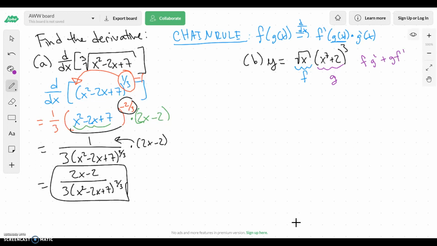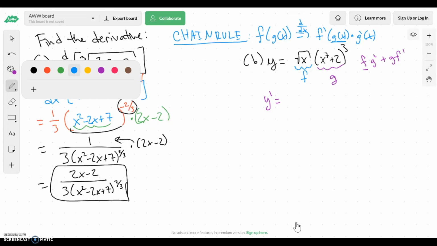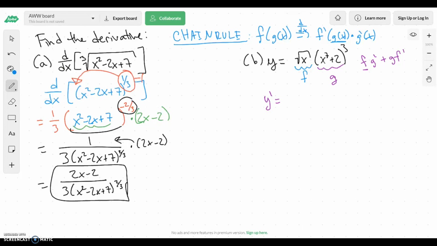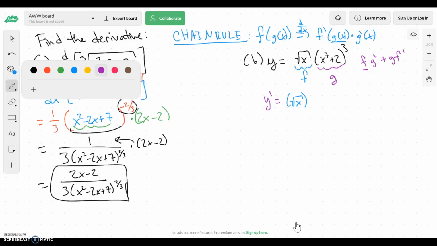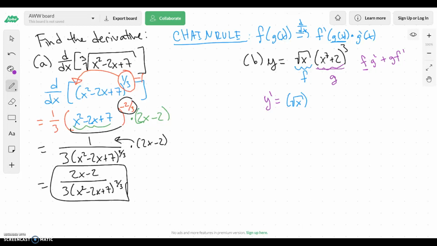Okay, so y prime, I'm going to take the derivative of this. The first thing is my f. I'm not going to do anything with it. This is still going to stay as square root of x. Then I'm going to take the derivative of the second function. Well, this thing in purple is just another chain rule. So I'm going to take the 3, put it to the front, so that's going to give me a 3.